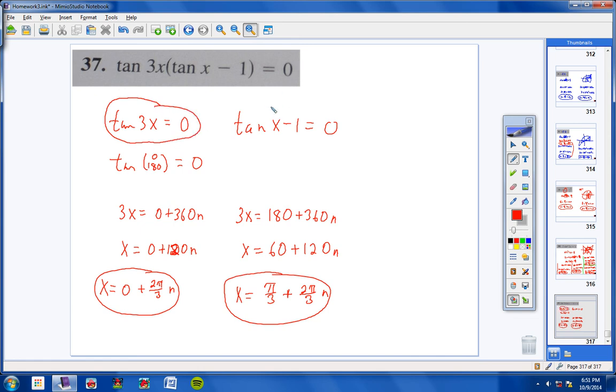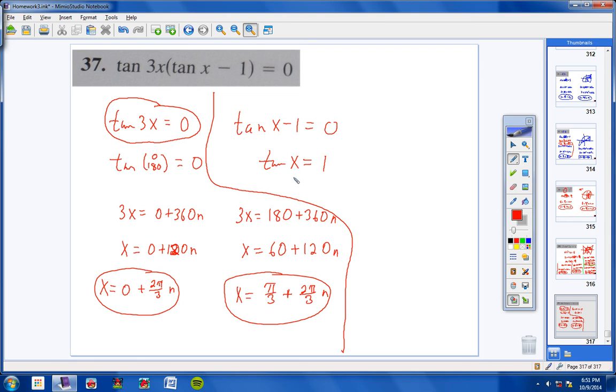Okay, now we're going to solve this part here. So here we go. Put a little line up here. And here we go. Tangent of x equals 1. So that's going to be pretty simple. Notice your angle here is not a 2x or a 3x or an x over 2 or anything like that. It's pretty simple, standard.